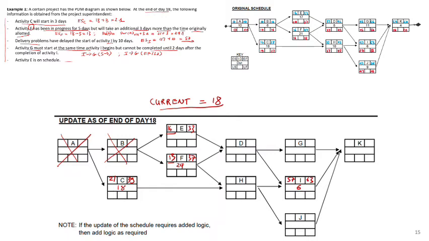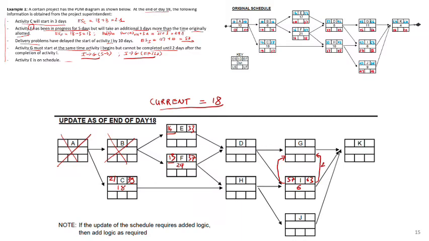And what next? Activity G. Okay, so we got new constraints between I and G. So you got S relationship from I to G, so you need to add a new constraint here from start of I to start of G, and then you got another additional constraint going from finish of I to finish of G with a 2-day lag time.